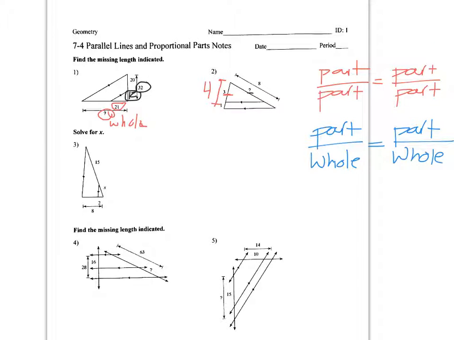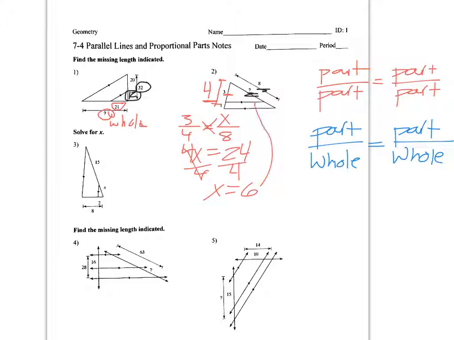Part over whole has to equal part over whole, the same relationship. So I have part over whole equals part, what I'm looking for, over whole. Cross multiply: 4x equals 3 times 8, which is 24. Divide by 4, so x is 6. So this part right here would be 6.